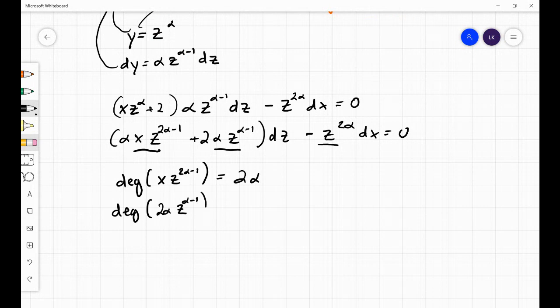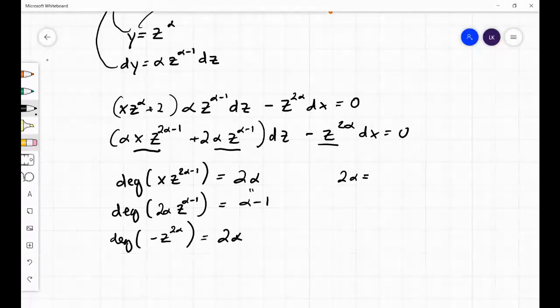So the degree here is just alpha minus 1. Here, once again, the combined degree is 2 times alpha. So for all the degrees to be equal, we need 2 alpha to equal alpha minus 1, which forces alpha to be minus 1.